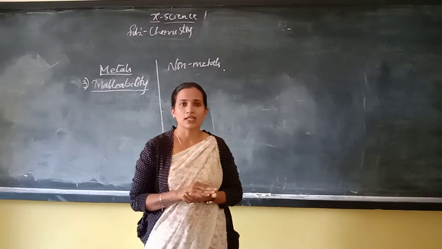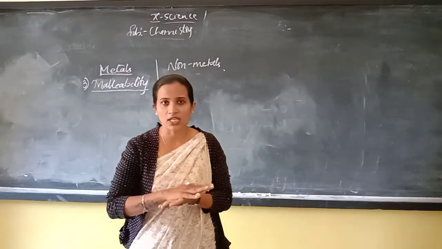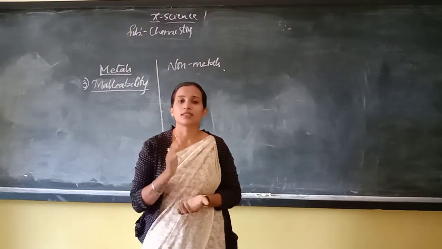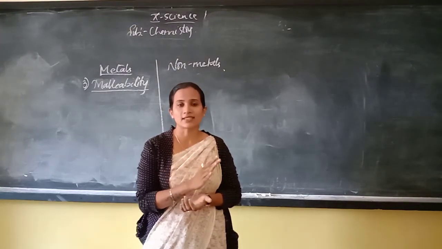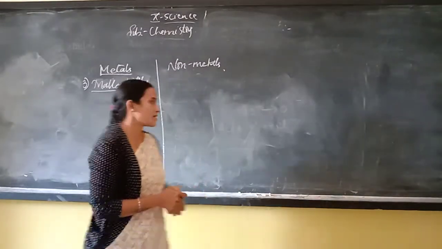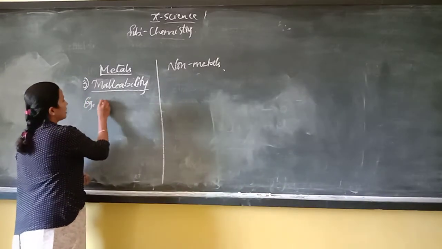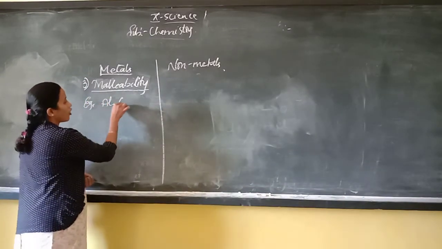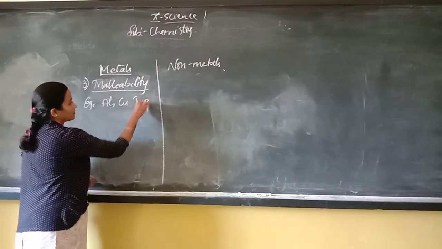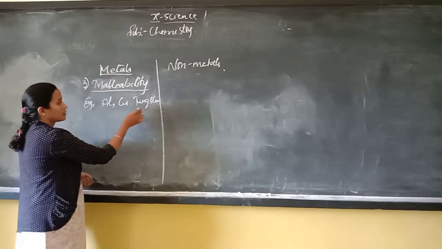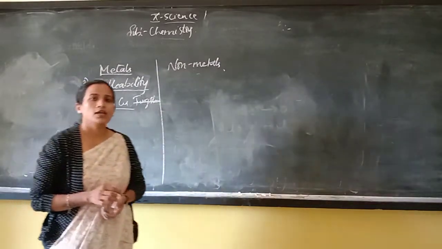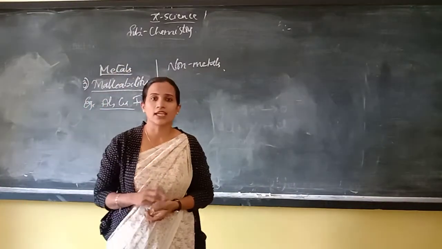If by applying pressure we get thin sheets, that process we call malleability. For example, aluminium, copper, and tungsten, which we get as wire. But aluminium and copper, for example, we get as aluminium foil.